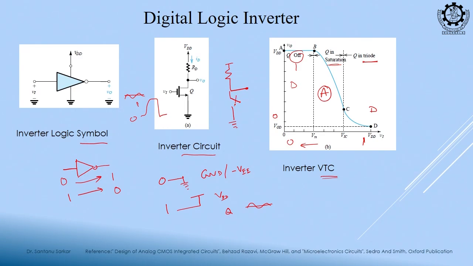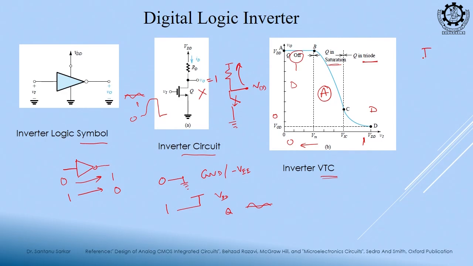If this switch gets closed, what this output will be shorted to which value? 0. Now, this is open. So, I can't have 0 here. What can I have? If this is off, so no current flows. So, V0 will be logic 1, right.